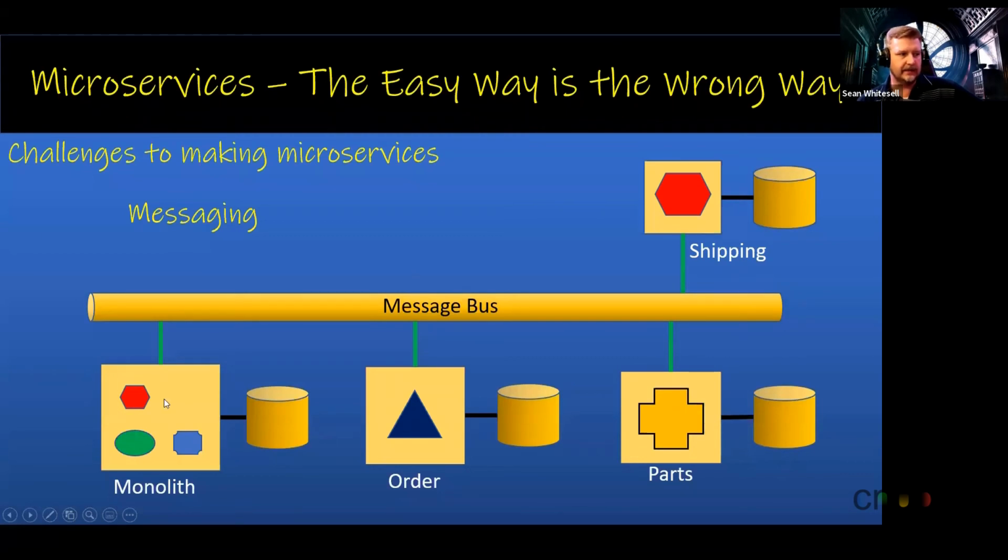So the monolith is aware of it, and the shipping microservice then becomes aware of it because they're listening for that type of event. So one message can be picked up by multiple endpoints or multiple code bases, monolith and microservices both, to react independently. The order microservice doesn't care about who's reacting to that event. It just knows it needs to send out a message.